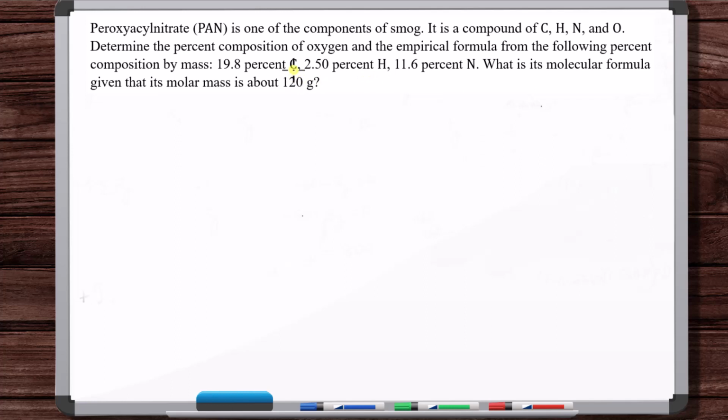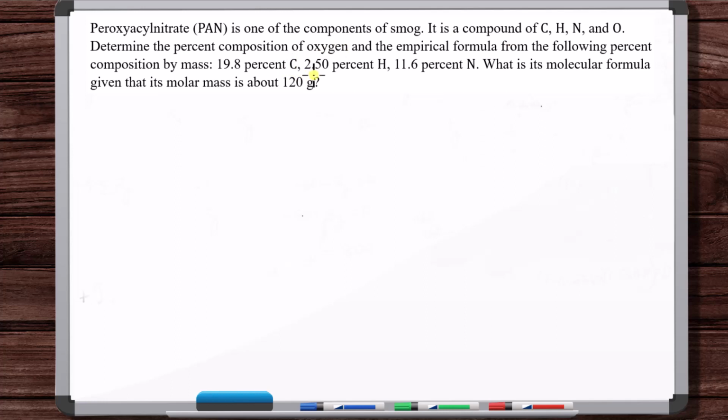It only gives us carbon, hydrogen, and nitrogen, but we can take 100% minus these to get the oxygen percent. So if we have the percent composition by mass, how can we get to the empirical formula? Well, we want to determine the ratios of the number of atoms. So we want to get out of mass and get to moles, right?